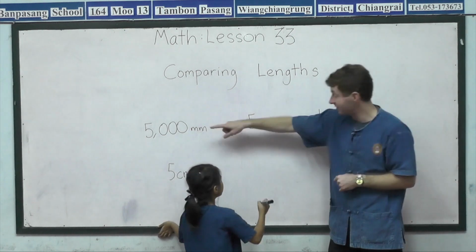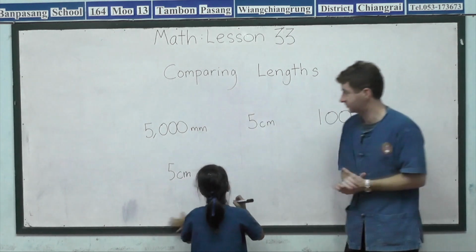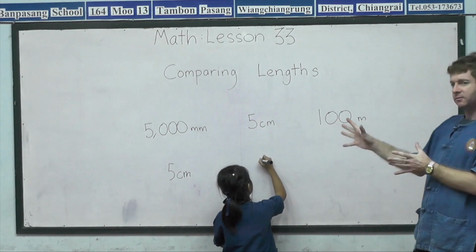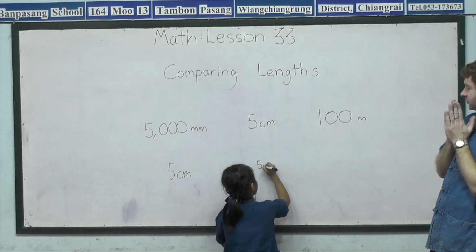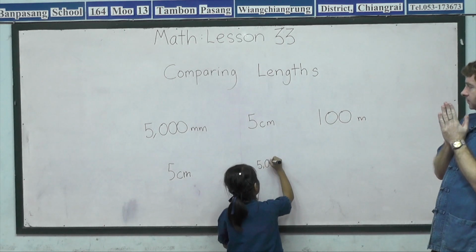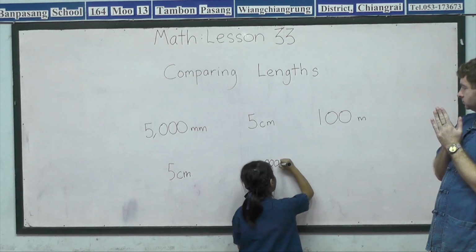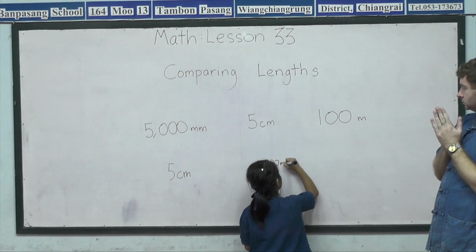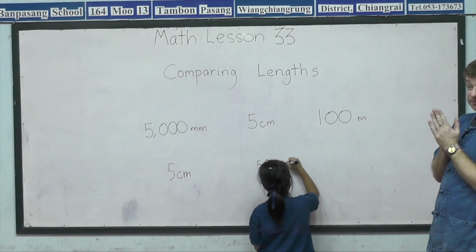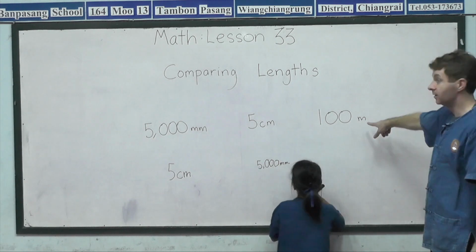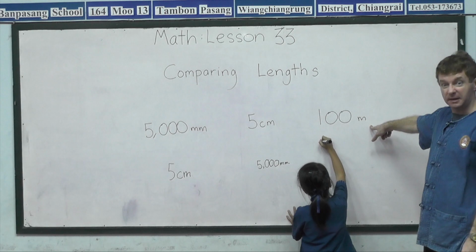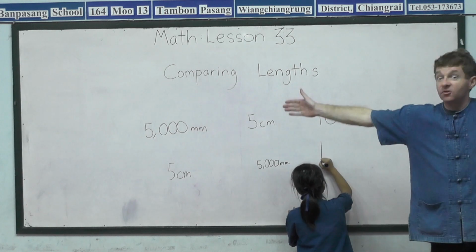So Prel's right. This is the shortest. But then 5,000 millimeters is a lot less than 100 meters. 100 meters is very long.